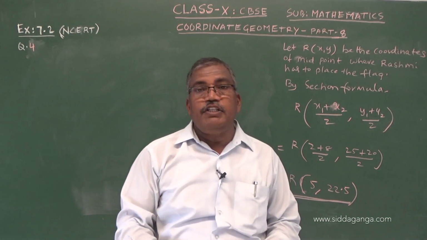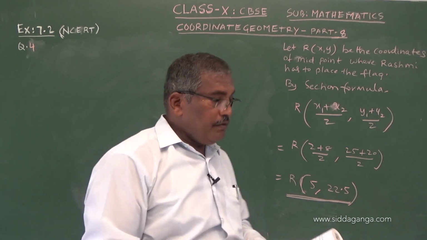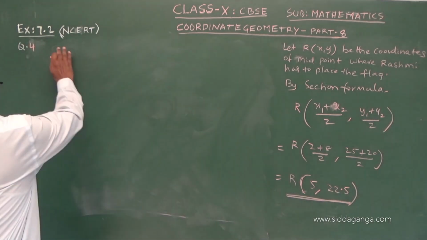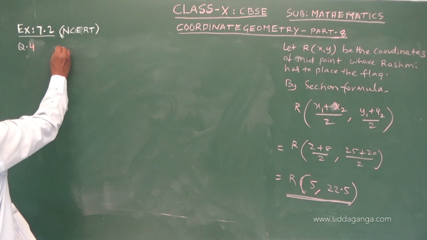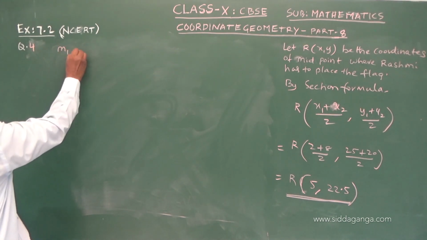Question number 4. Find the ratio in which the line joining the points. Find the ratio means we have to find out M1 and M2.